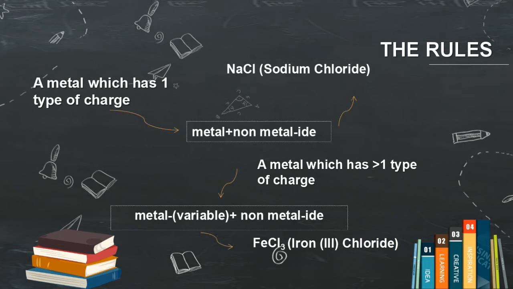Iron has two types of charge, iron 2 and iron 3. So, for naming that compound, you must know its charge. Okay, chlorine has one minus charge, but there are three chlorines, so it will be three minus, and iron will have three plus charge to make the compound balanced and neutral.